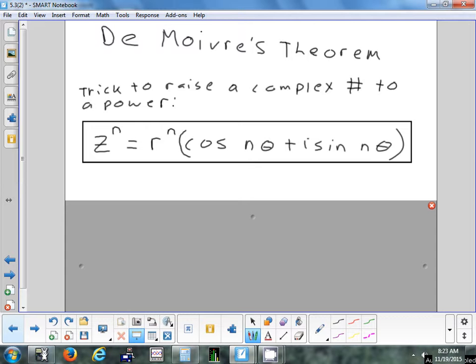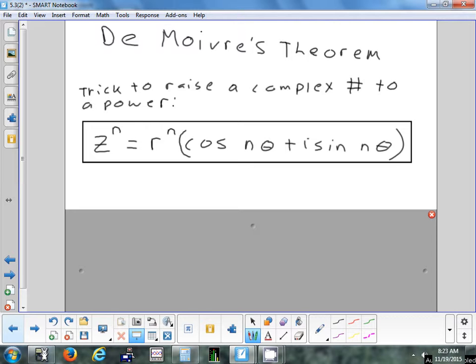There's not going to be a second complex number here. You're just raising something to a power, so all you need is one thing. Raise your radius to the power, multiply your angle by the power. And that's going to take the place of doing everything we just did.